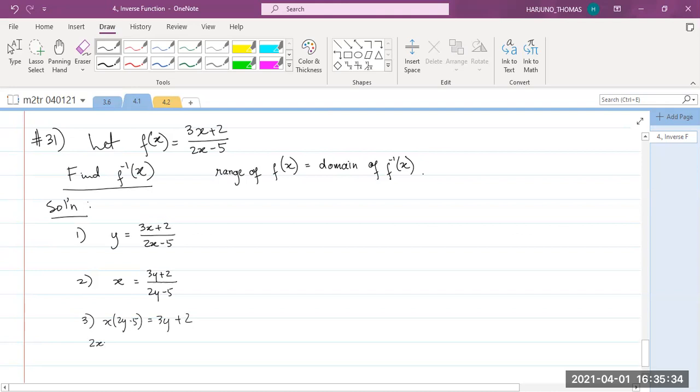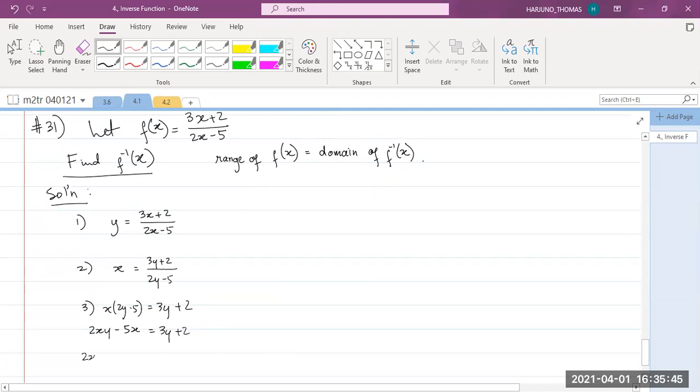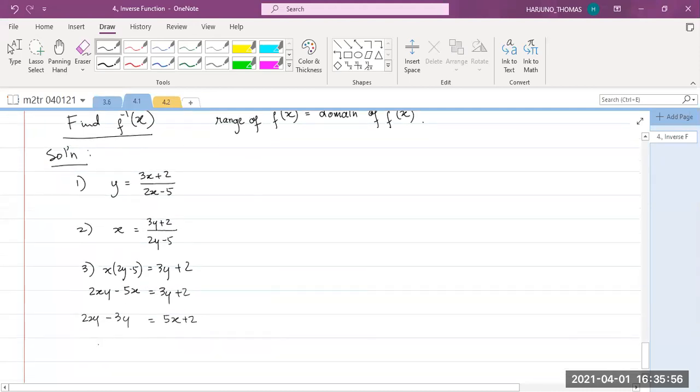So 2xy - 5x equals 3y + 2. Those terms with y, I put together on the left-hand side, and the one without y, I put together on the right-hand side. Then I will factor the y. So the y is (5x + 2) over (2x - 3).